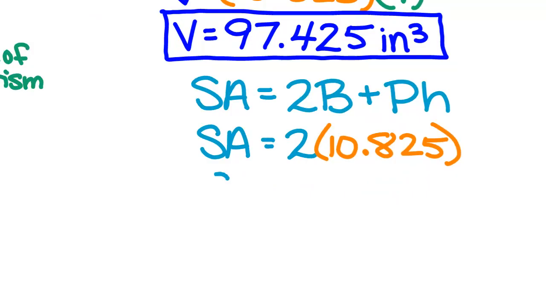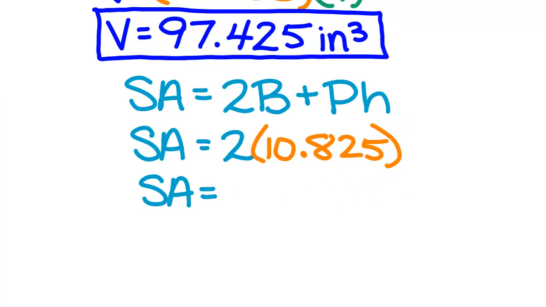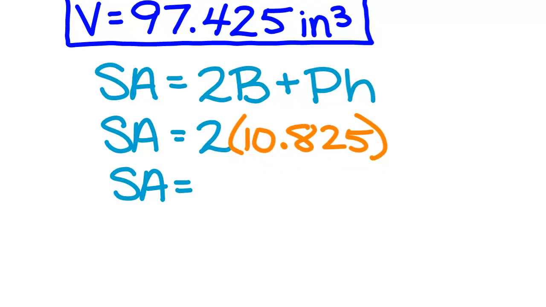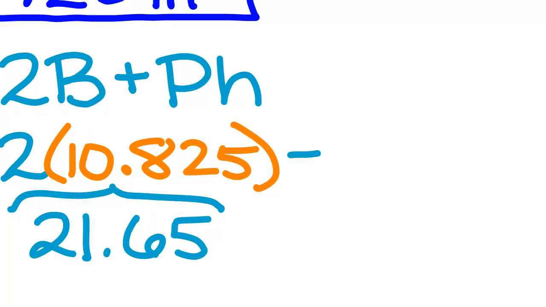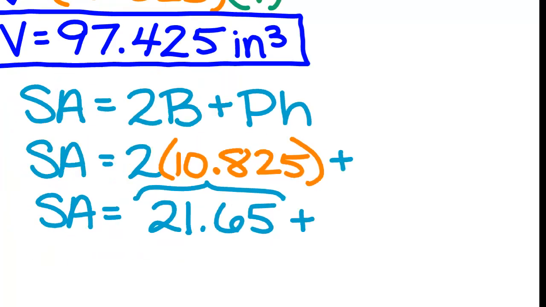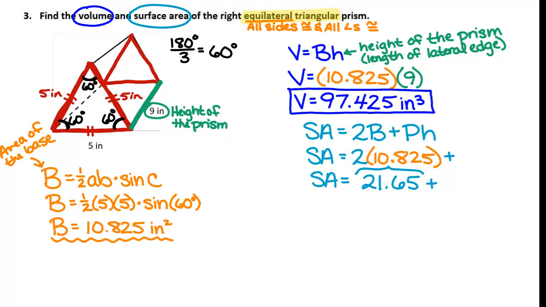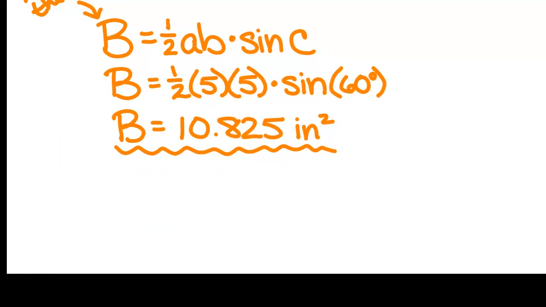What do we get when we do just that much? 2 times 10.825. I didn't get 20.825. I got 21.65, yeah. 21.65 plus the perimeter of the base times the height of the prism.